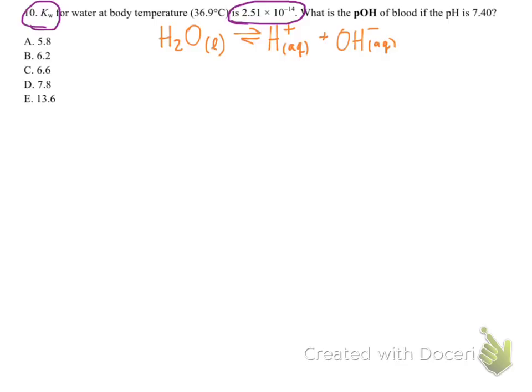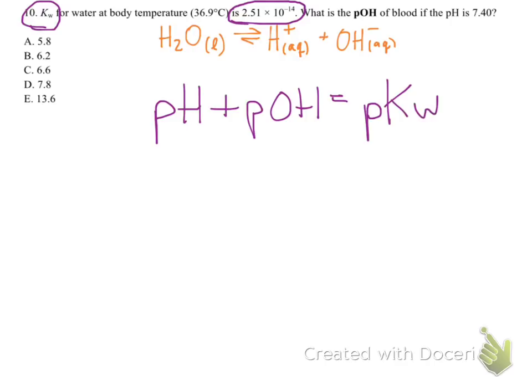But we can still use the fact that pH plus pOH equals pKw. That's universally true. So really the only thing that makes this problem different from a 25 degrees Celsius problem is that we need to figure out what pKw is in order to solve this problem. Remember that p means the negative log of something.